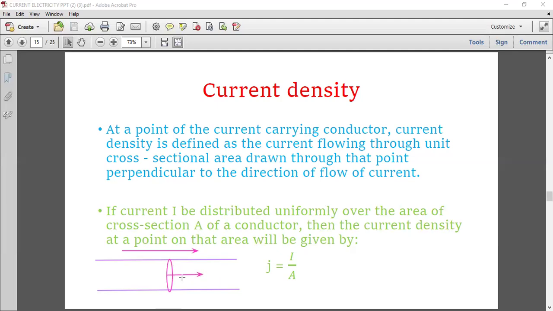Now, suppose the magnitude of this current is I, and the area which I have taken is A. Then what will be the current density?